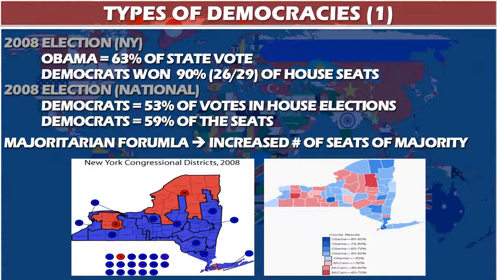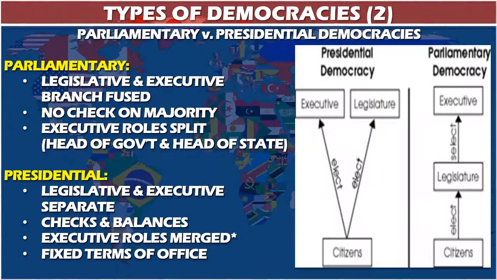And also in the New York City area, Putnam County and Staten Island went majority Republican, although the districts they were in basically elected Democratic House representatives.